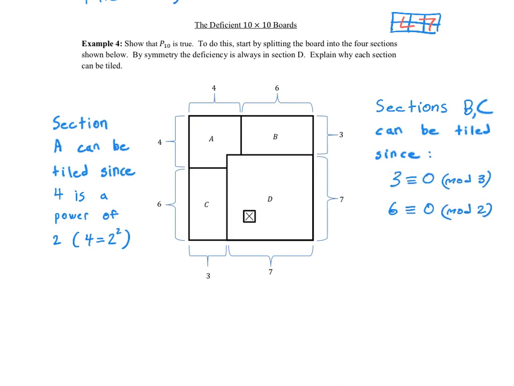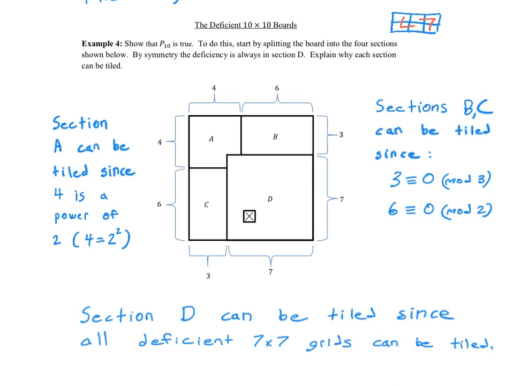So the only thing that's left for us to do is section D. And previously in this video, we've shown that every single 7 by 7 deficient grid can be tiled. So just referring back to what we did earlier, section D can also be tiled.